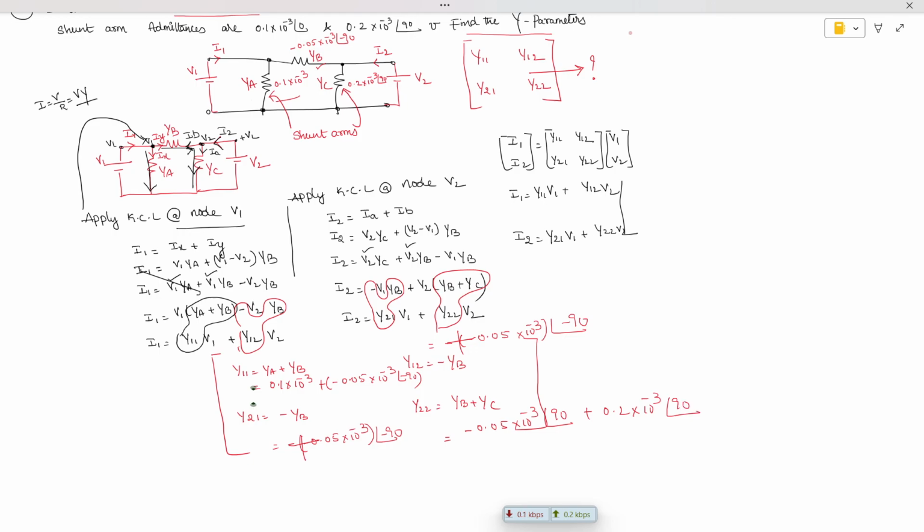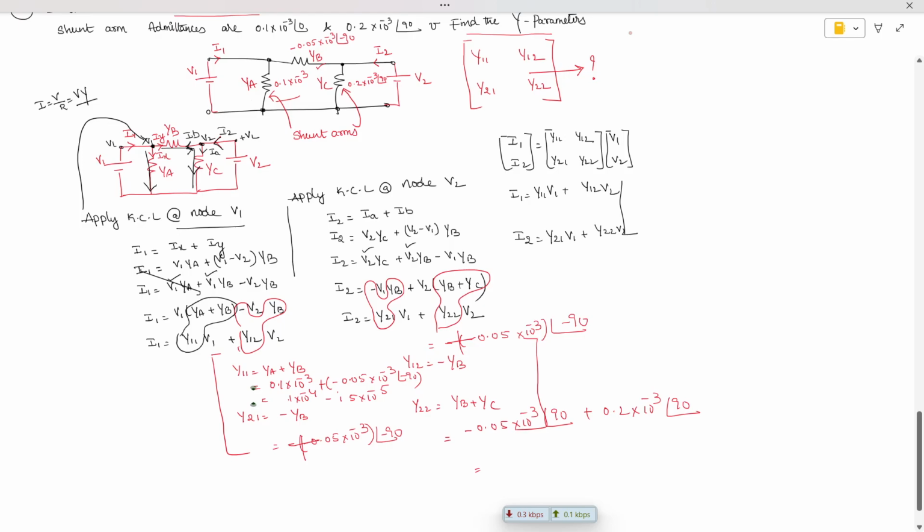Here these are in polar form. We can directly do polar operations only for multiplication and division, but for addition we have to use our calculator to find these values. After solving, using your calculator and converting, this is 1 into 10 to the power minus 4 minus j into 5 into 10 to the power minus 5.